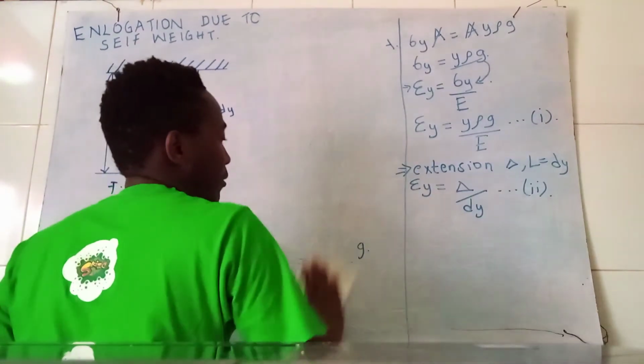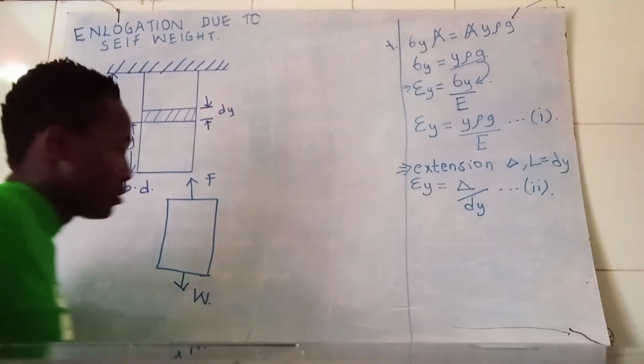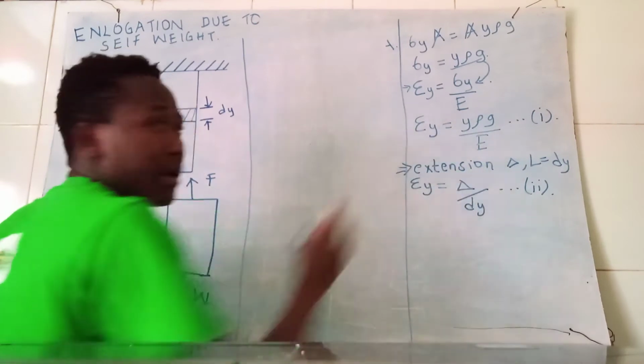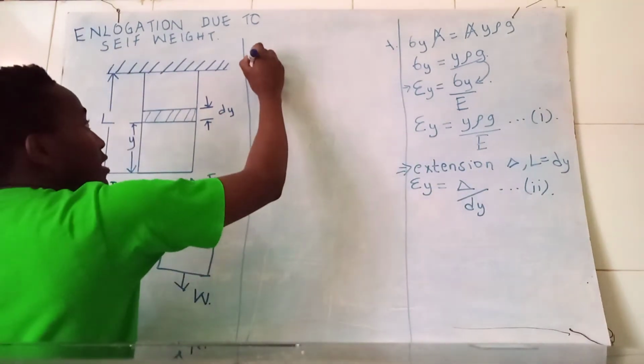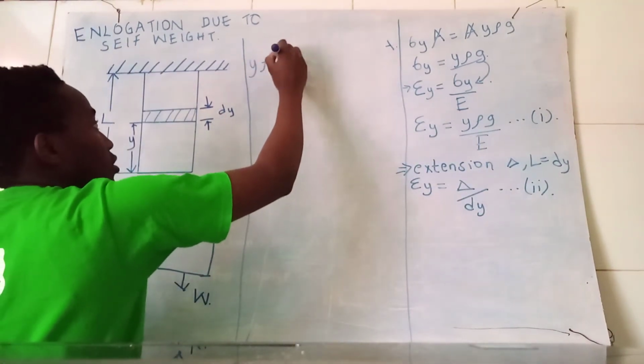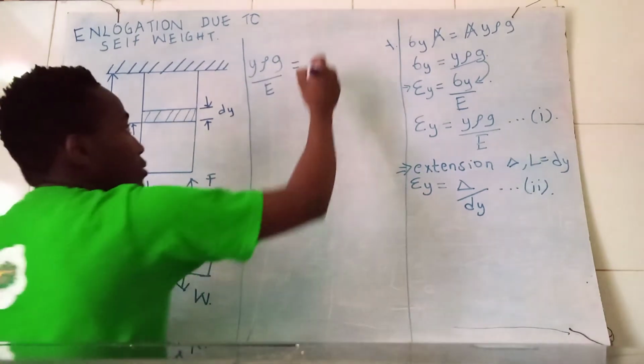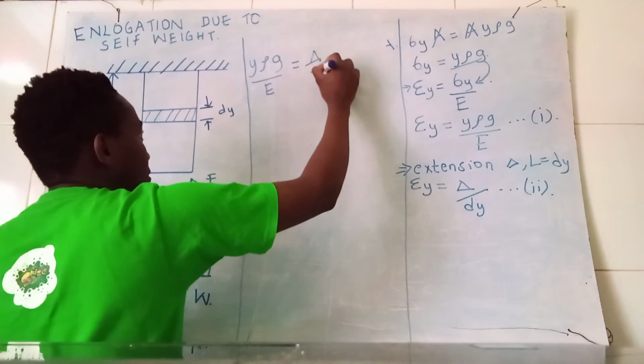I'm going to combine the two equations. That is y rho g divided by E is equal to delta over dy.